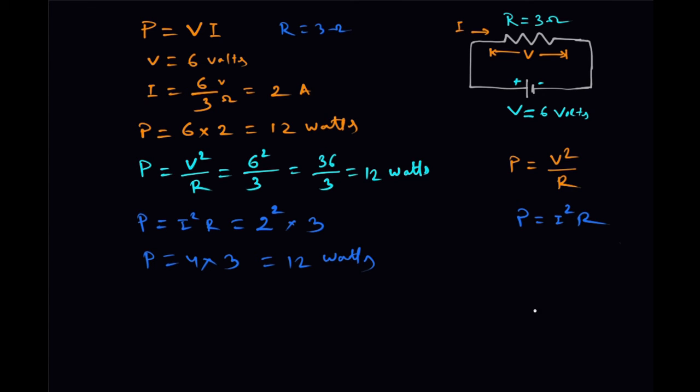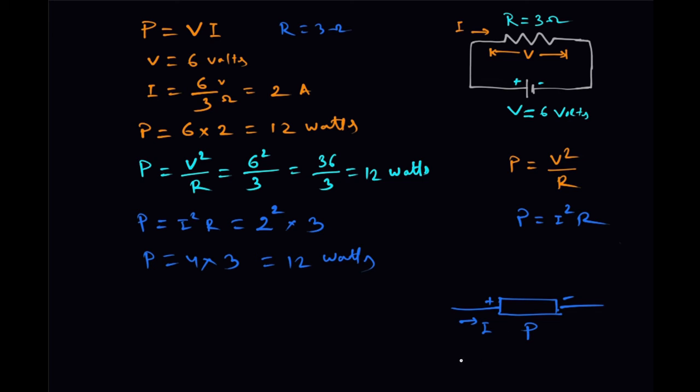One thing that we should remember: if this element consumes power, that means this side is at higher potential with respect to this side, and the current flowing through it is in this direction, then the power will be consumed by this element.